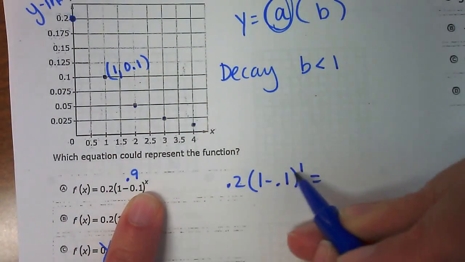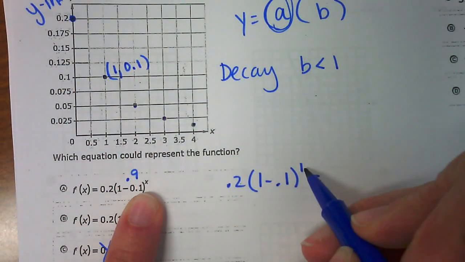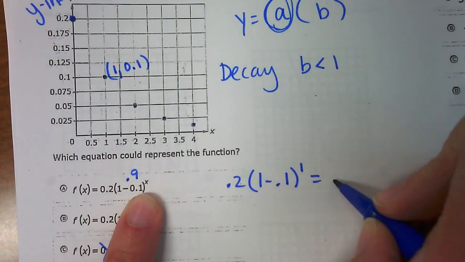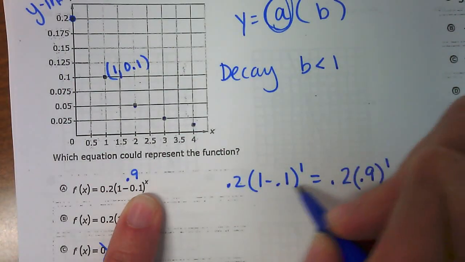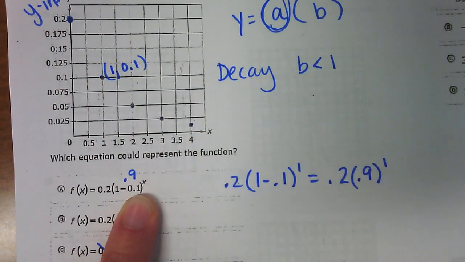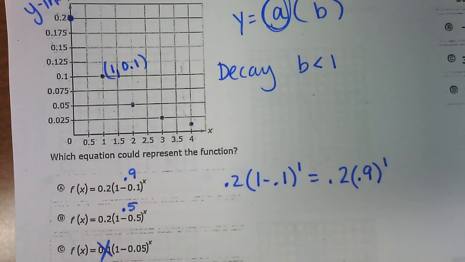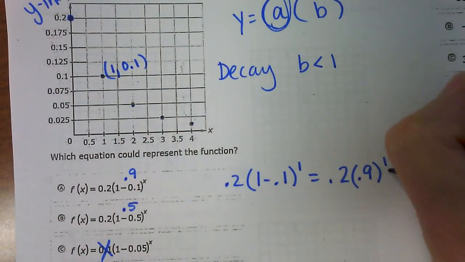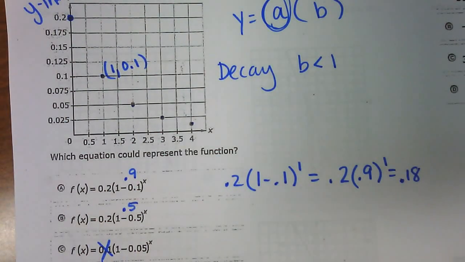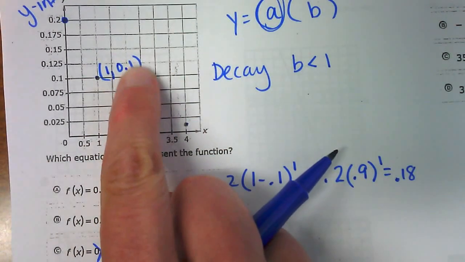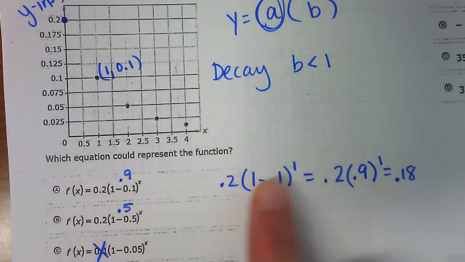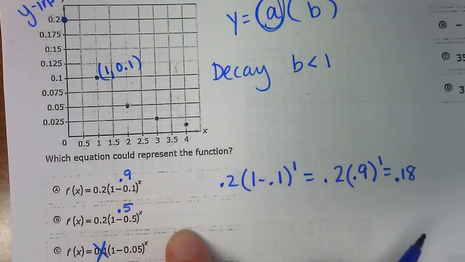We're raising it to the first because our x value is 1. We could evaluate this. So if you were using your EOC calculator, you could type that straight in just like this. If you're using your handheld calculator, you can type it into your handheld calculator. When I type this in, I get 0.18. That is not the answer I'm supposed to get. I'm supposed to get 0.1. So this does not work, right?